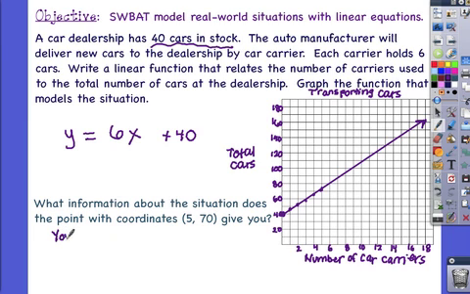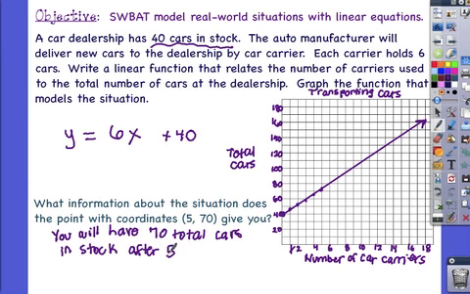So this means you will have 70 total cars in stock after 5 car carriers arrive.